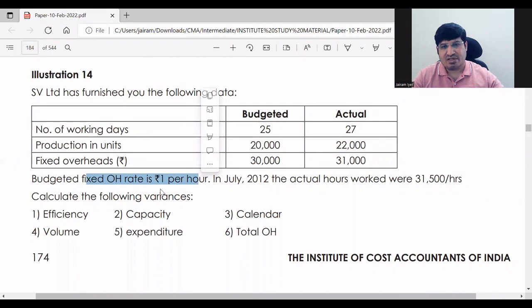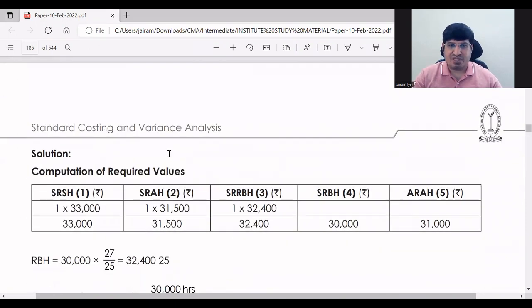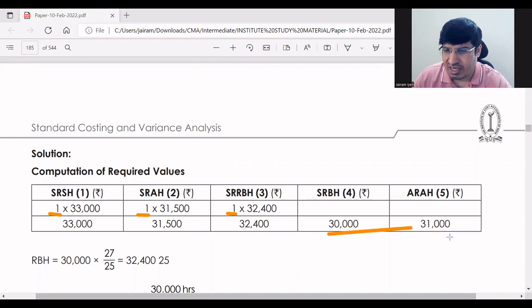This is there in the problem, so we have filled this up also. This 1, 1, 1 I have filled, and these two are already there as ready-made figures in the problem, so I have taken this.